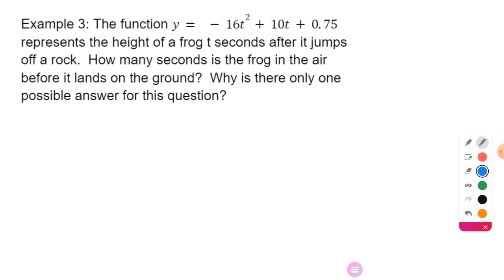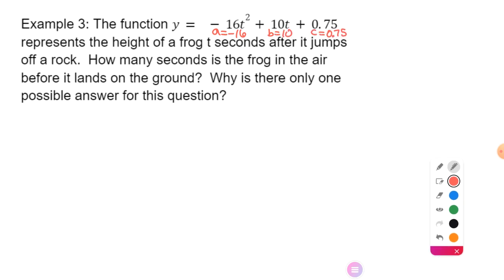All right, so it's already in standard form. So my A is negative 16, my B is 10, and my C is 0.75. All right, I definitely don't want to try to factor or complete the square with that. So quadratic formula it is.